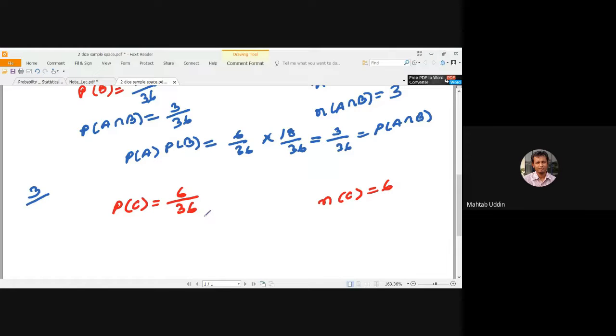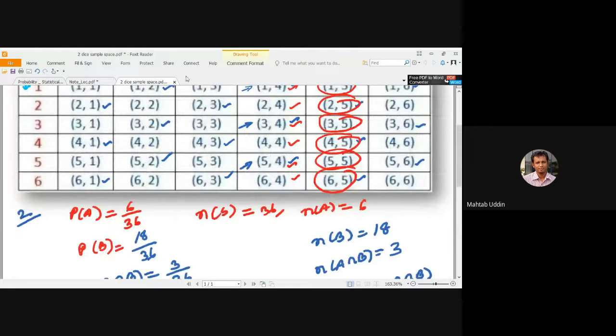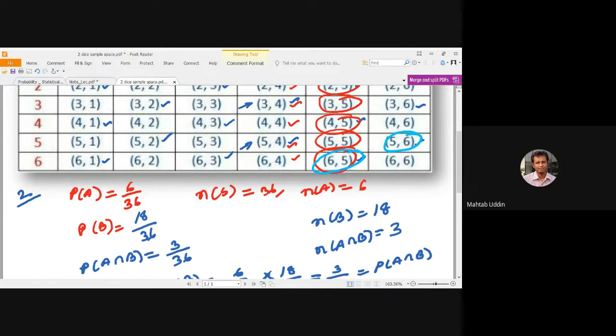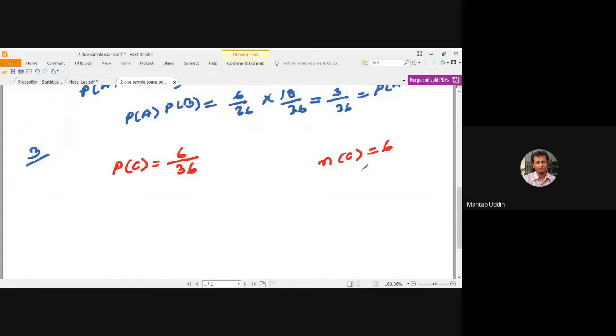And D is sum is 11. Can anyone help me get the sum 11? I think there are only two. Yes, sir. So n of D is 2, so 2 by 36.